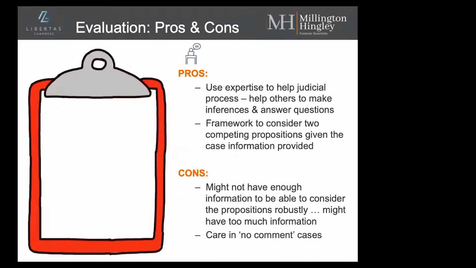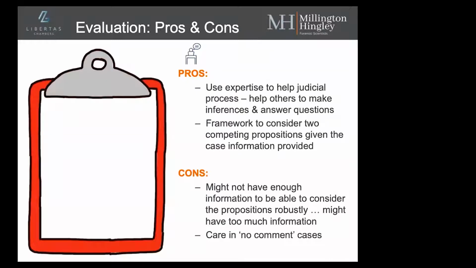Now, there are pros and cons to evaluation, and of course, this is a talk in itself, but we use our expertise to help others answer questions, and by others, usually the jury or the court. We're not here to say somebody is guilty or not guilty, but we can provide you with a guide as to whether or not the scientific evidence has any weight or not.